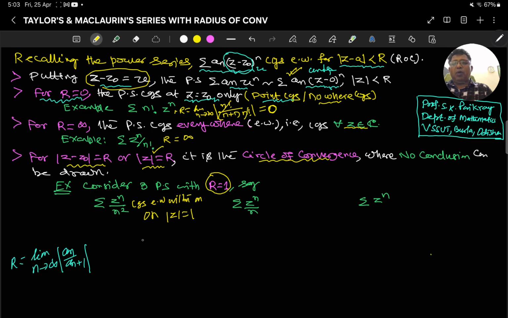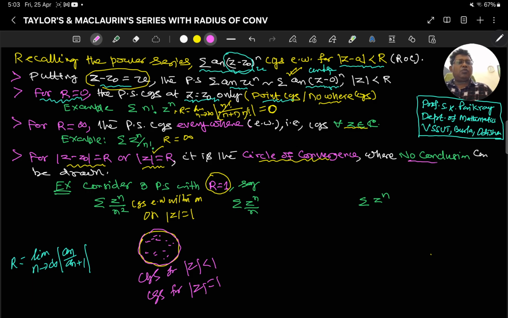So it converges within the circle, as well as on the boundary, right? It means it converges for |z| less than 1, and also for |z| equal to 1. So on the boundary it converges.